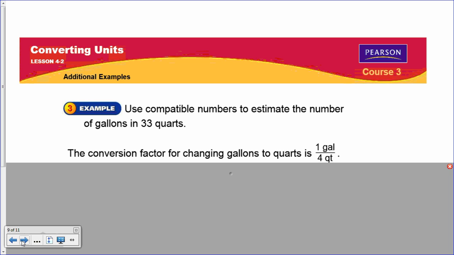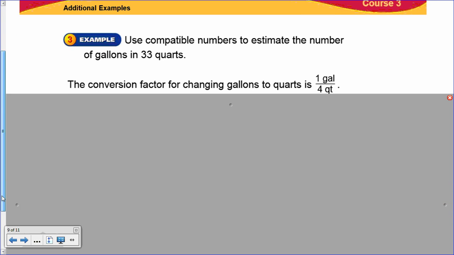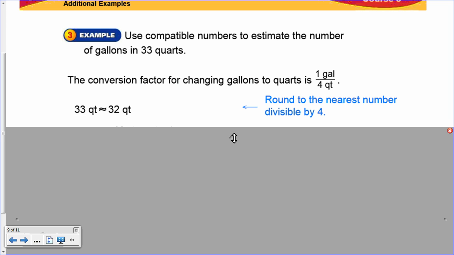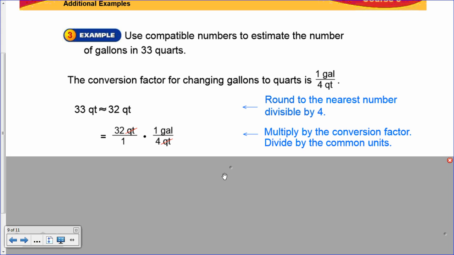Example 3 says to use compatible numbers to estimate the number of gallons in 33 quarts. The conversion factor for changing gallons to quarts is 1 gallon for 4 quarts. So because it says to estimate, we're going to change 33 quarts to 32 because 4 goes into 32 evenly. You're going to multiply by your conversion factor.